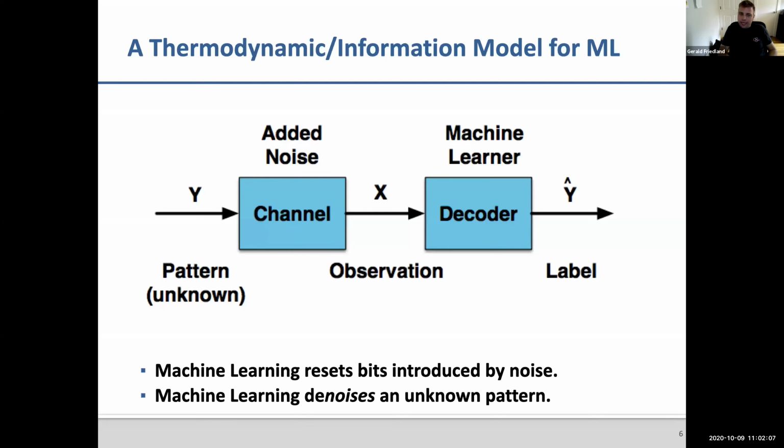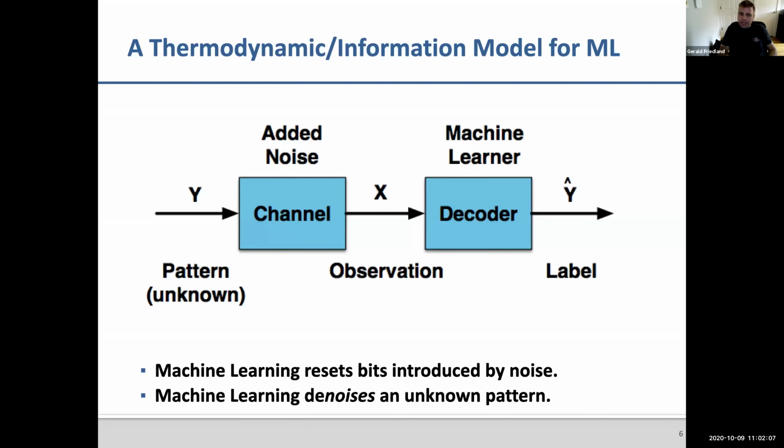With that observation, what we really want is for a machine learner to get rid of all that added noise in the channel and come out with a decoded version of Y that just generates a label.